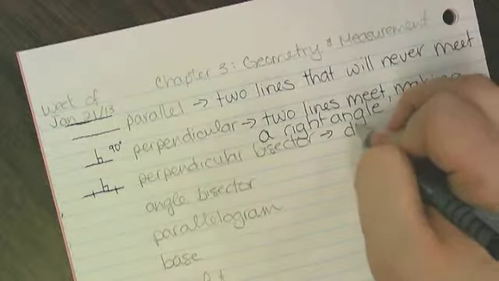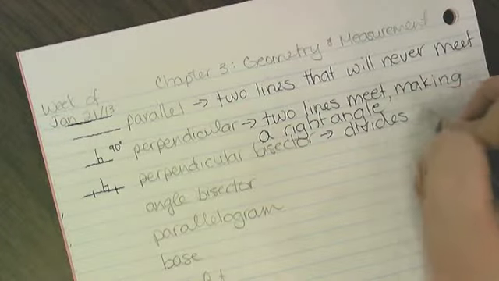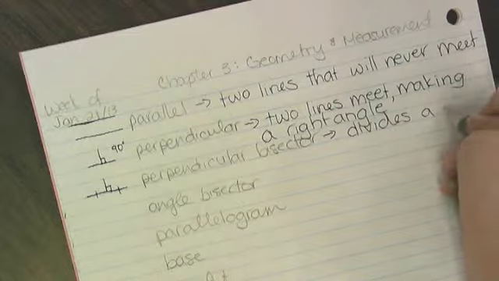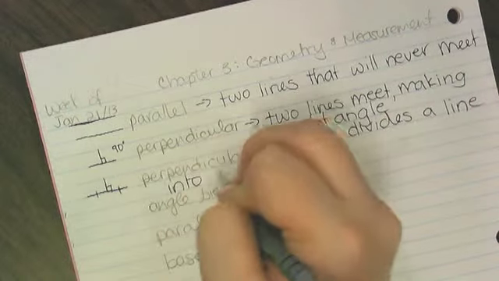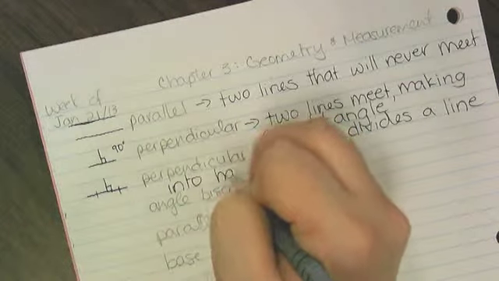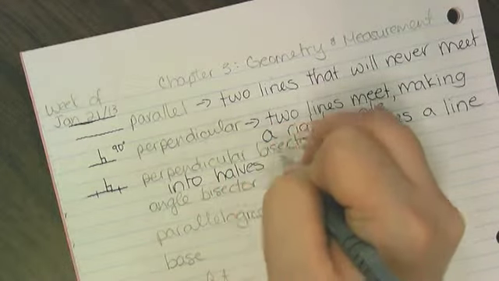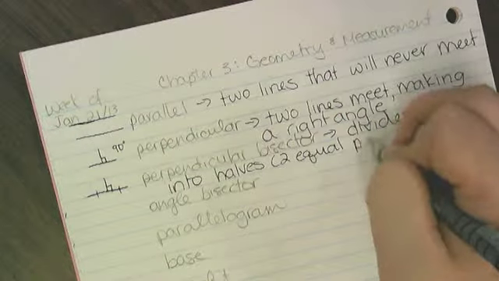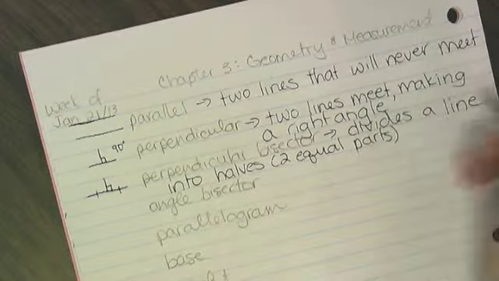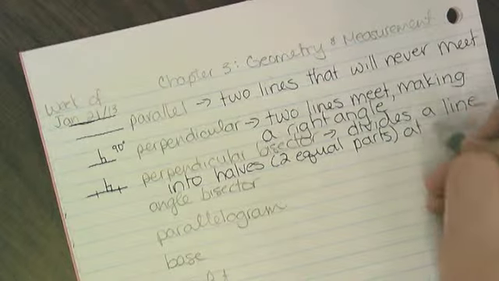So a perpendicular bisector divides a line into two equal parts, or into half, at a right angle.